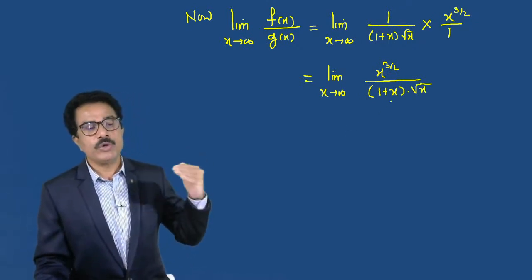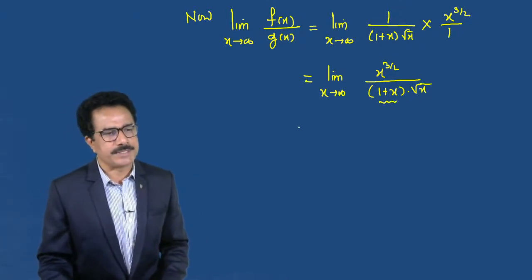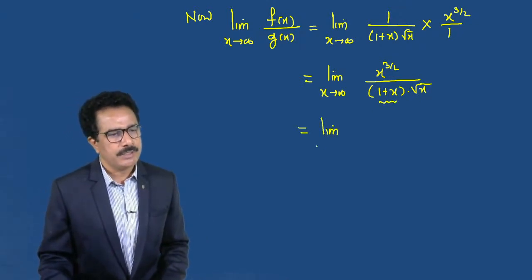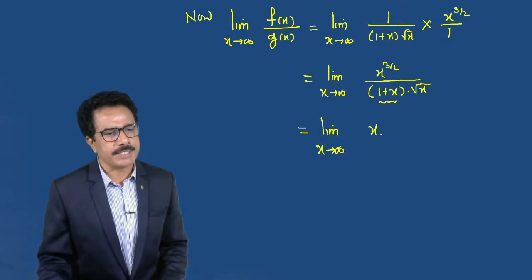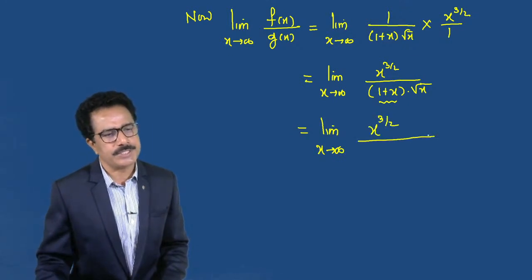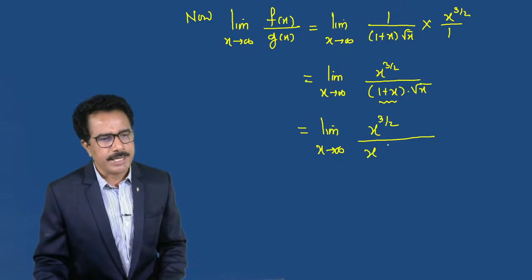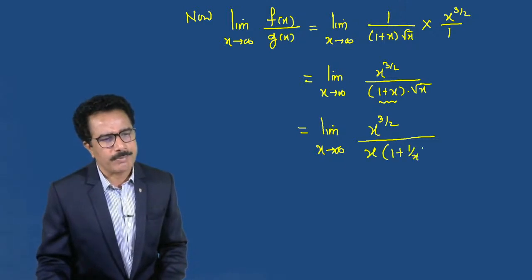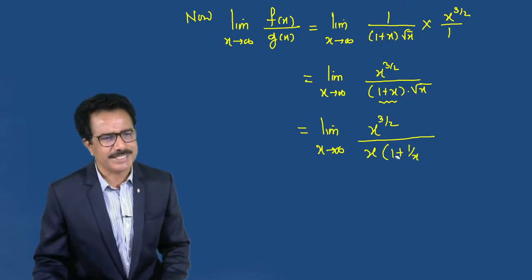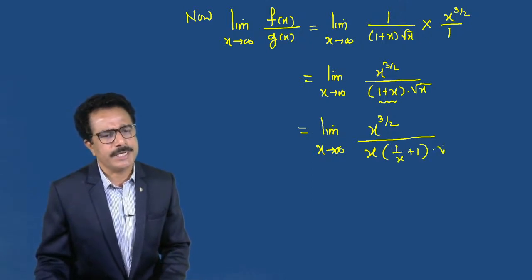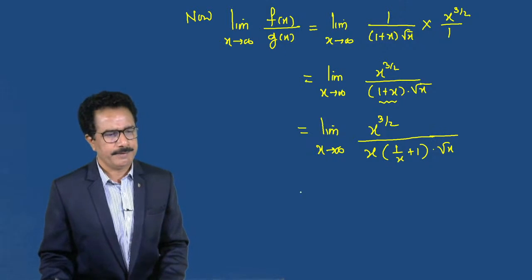Okay. Now you have to take a common x from this. Limit x tends to infinity, x raised to 3 by 2 as it is. If we take the common x, x into 1 plus 1 by x, again root x as it is.